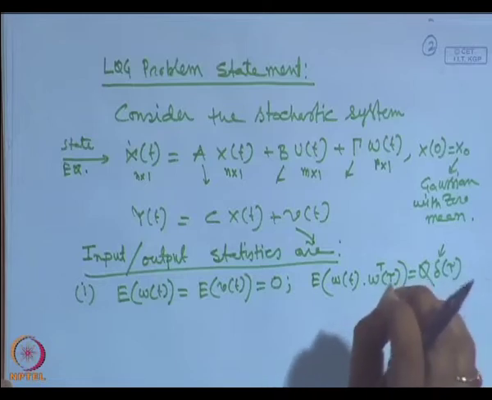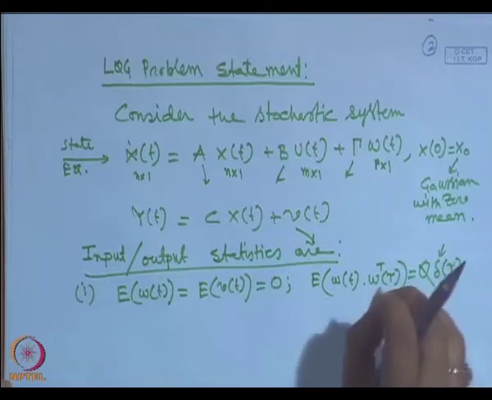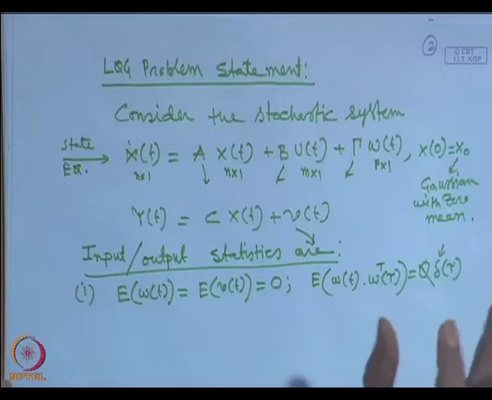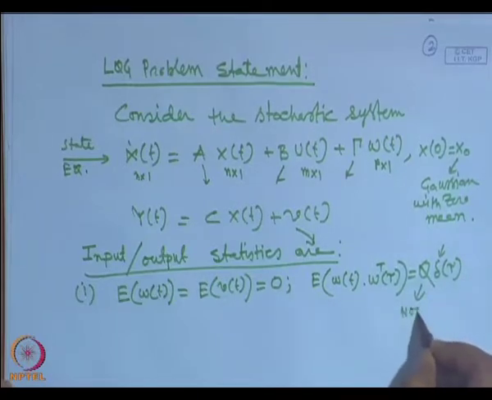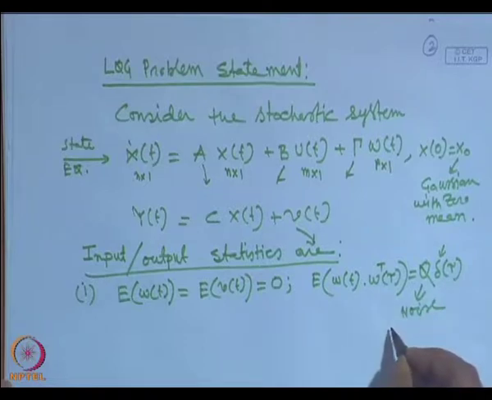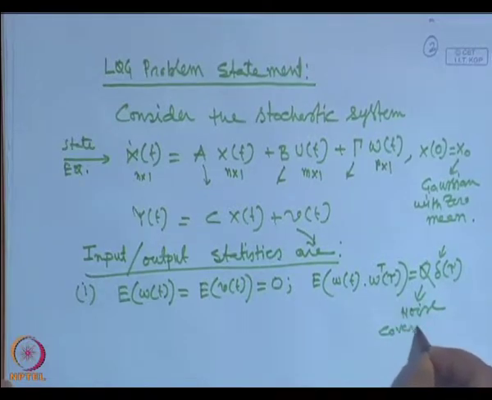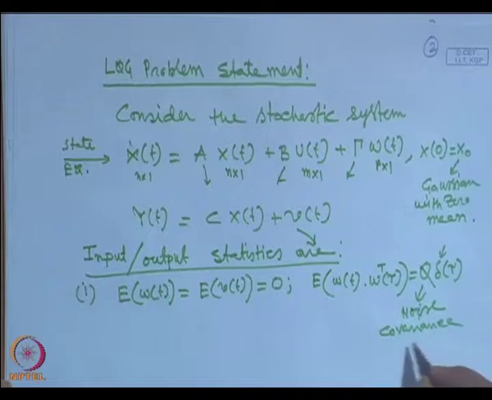That means the noise at t1 is in no way related to the noise at t2. So this is the input noise covariance matrix. Agree?